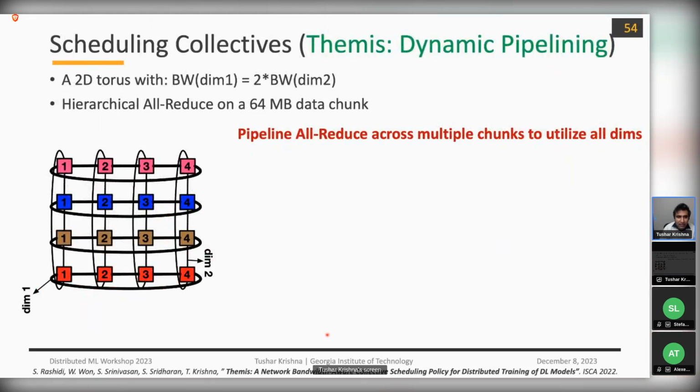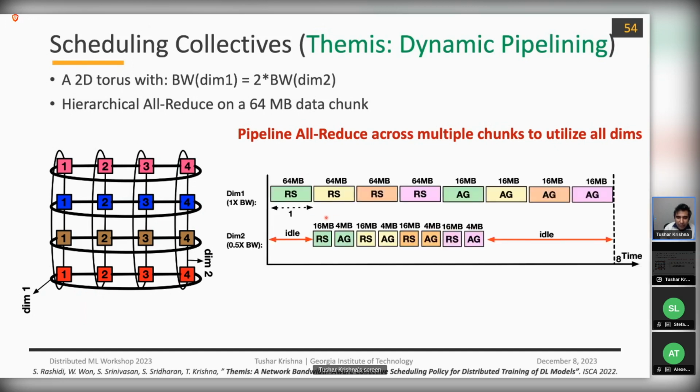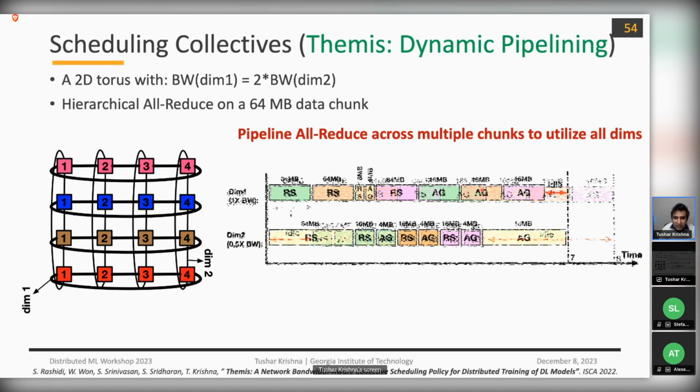So the idea is the following, where we are, so remember that this was the baseline scheduling where I am sending the all reduces in this manner, the green, yellow, orange, and pink with reduce scatter here, all gather here, all gather here. Instead, what Themis does is something like this, where suppose I start with this green all reduce, it does a reduce scatter here.